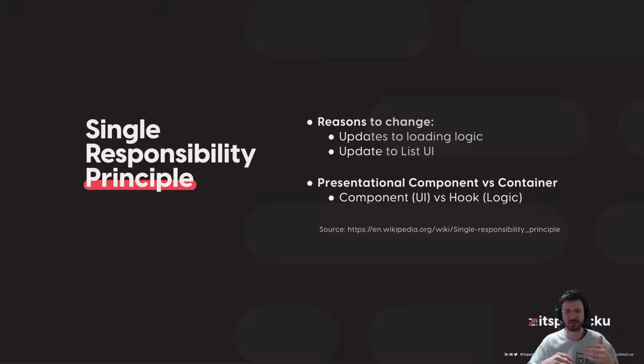If you want to update how the list that you render looks like, that's a reason to change. You encounter this a lot with presentation component versus container, or I guess now components versus hooks. So often when you split your component into components and hooks, you're most likely pretty close to following the single responsibility principle.